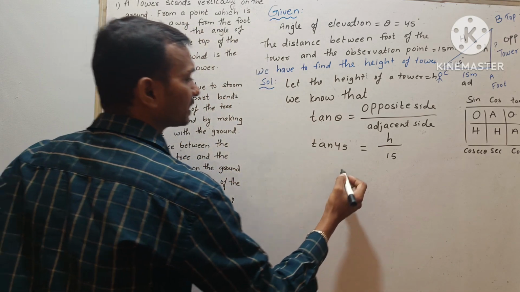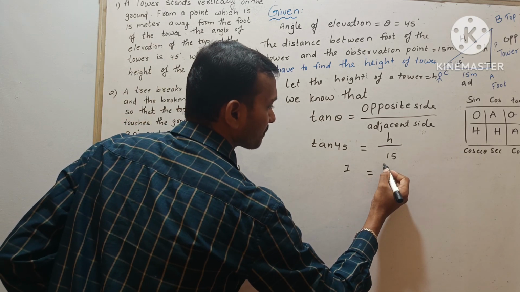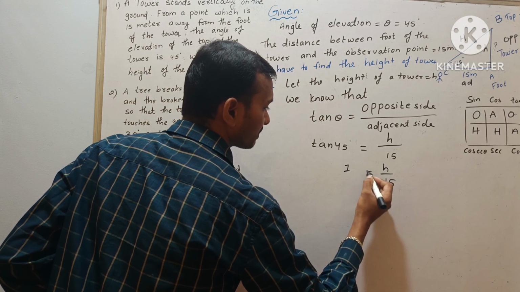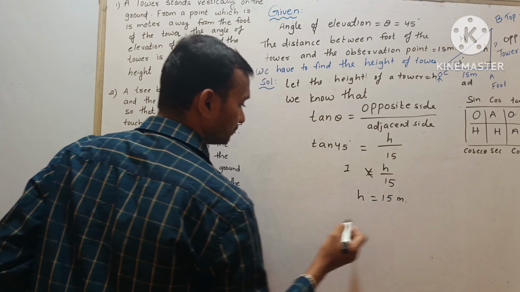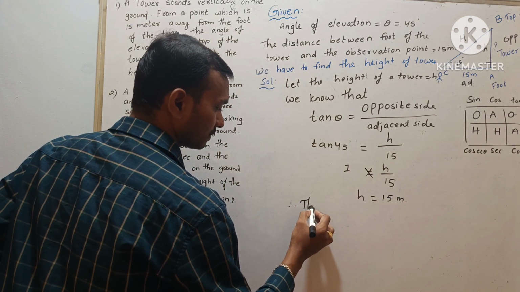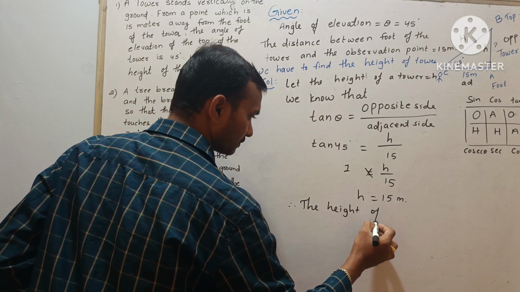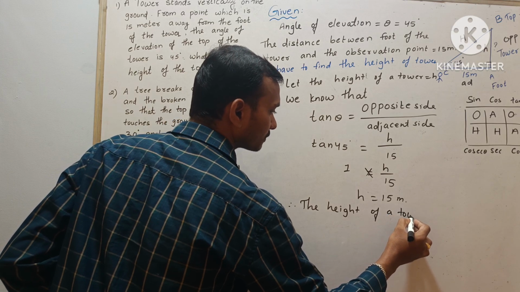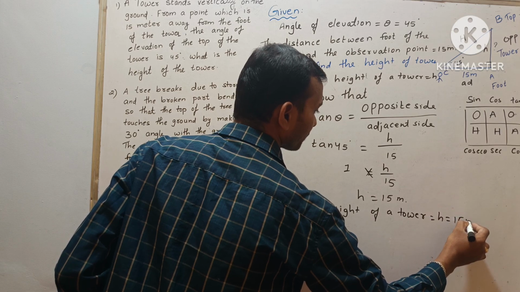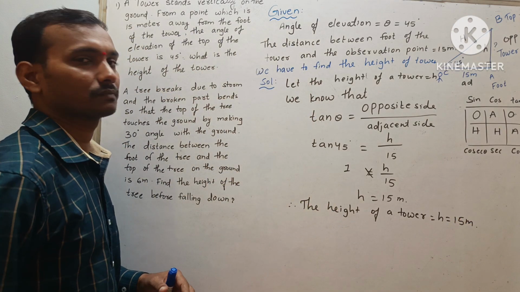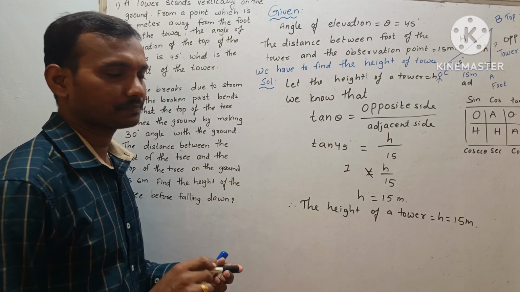Tan 45 degrees is nothing but 1. From the table we know tan 45 degrees is nothing but 1. So now we do cross multiplication, that is h is equal to 15. Therefore, the height of the tower, that is h, is equal to 15 meters. This is the way we have to solve this question.